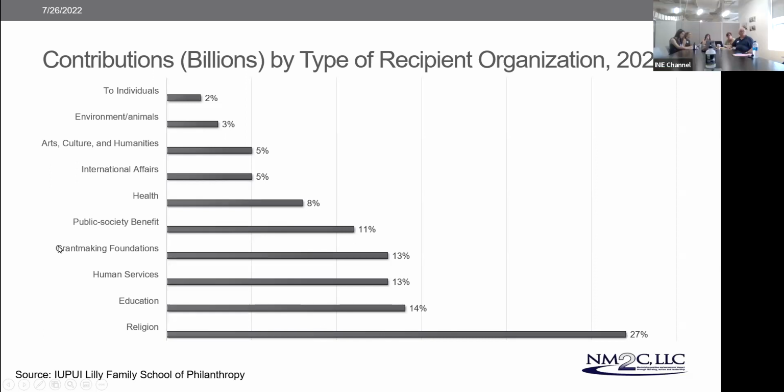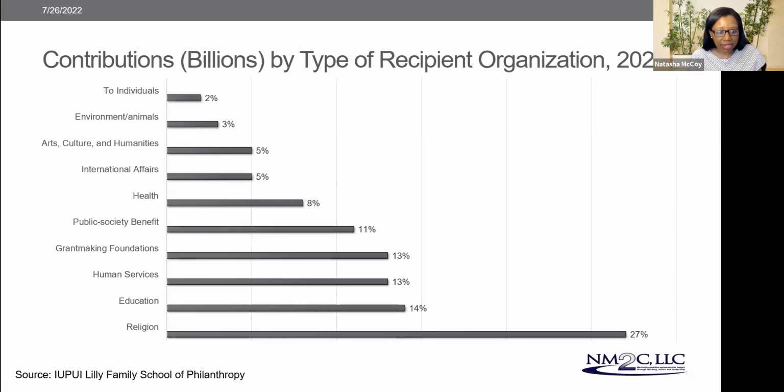Seeing that in addition, there's the public society benefit groups that received a nice portion. If you are involved in any health related projects, that could be things addressing nutrition, chronic disease, infectious disease, health received 8% of that $484 billion. There's also money donated to international affairs, arts, culture, and humanities, environment.